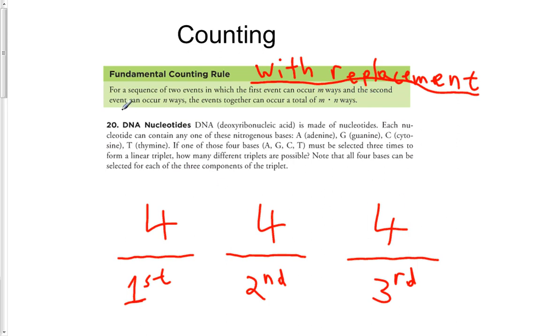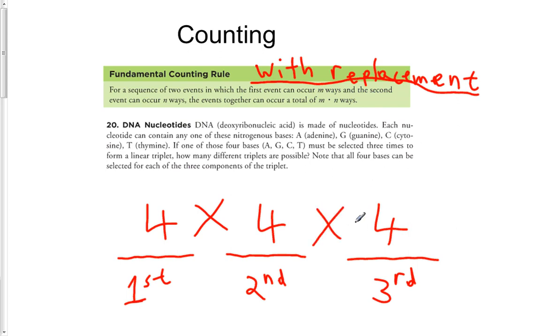And what this rule says, if you extend it, is that these first two decisions can be made 16 ways. So now I have the first two decisions already made. There's 16 ways of making the first two decisions. I'm going to see how many ways I can make the first two decisions and then make the third decision. Well, there are 16 ways of making the first two decisions, and then there are four ways of making the third decision.